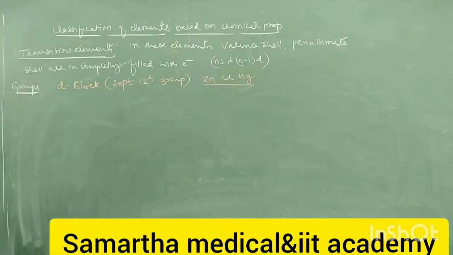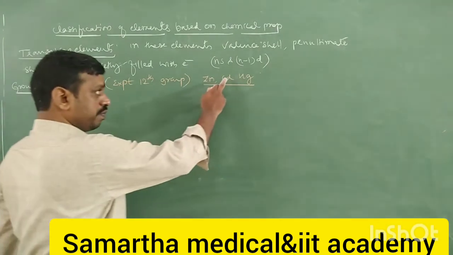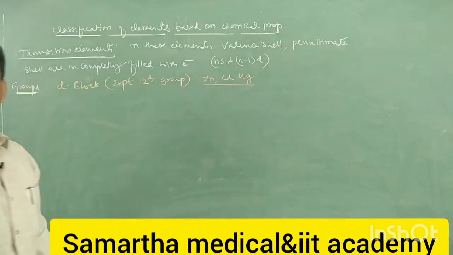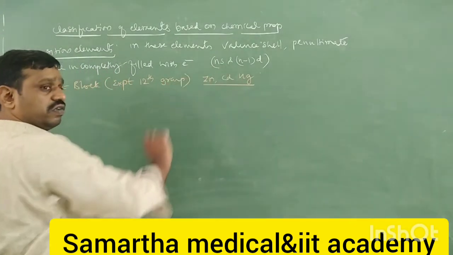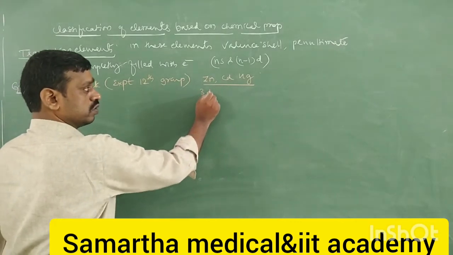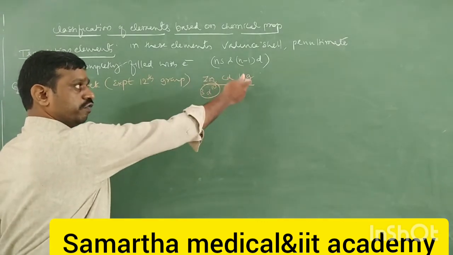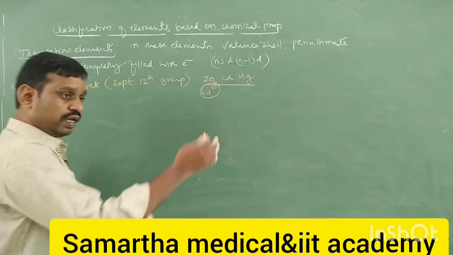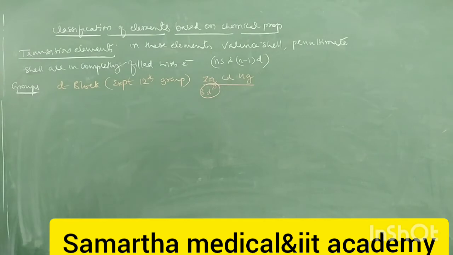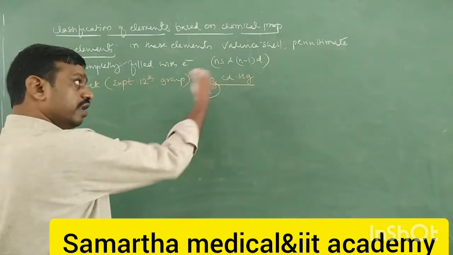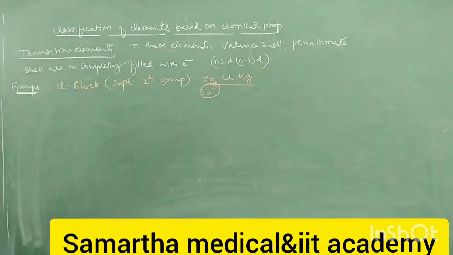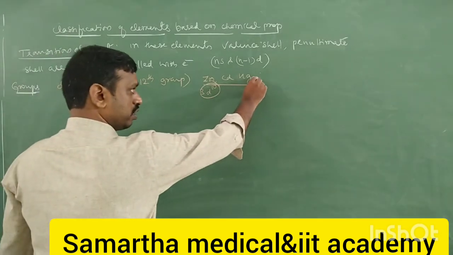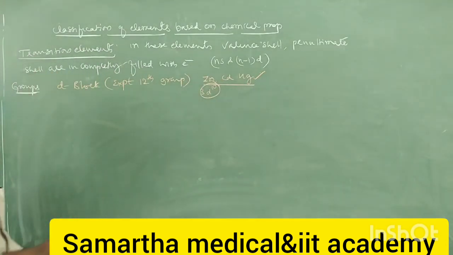Why? Because zinc, cadmium, mercury have completely filled d electrons: 3d10, 4d10, 5d10. So (n minus 1)d is completely filled, and even in the elementary state as well as their common oxidation state. So zinc, cadmium, mercury are not transition elements, but they are D block elements.